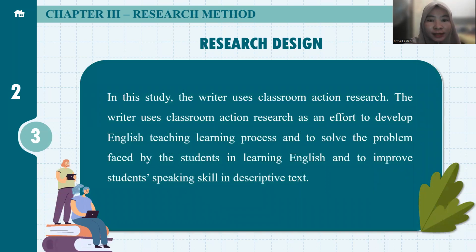So, research design. In this study, the researcher uses classroom action research as an effort to develop the English teaching learning process, to solve the problems faced by the students in learning English, and to improve student speaking skill in descriptive text.